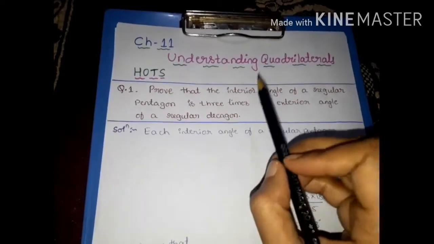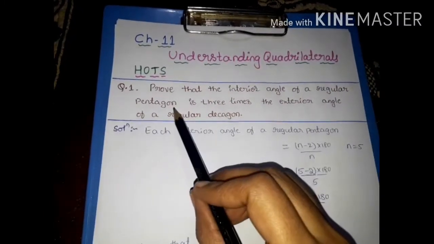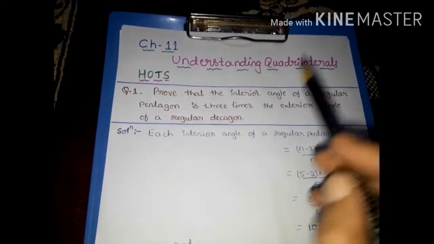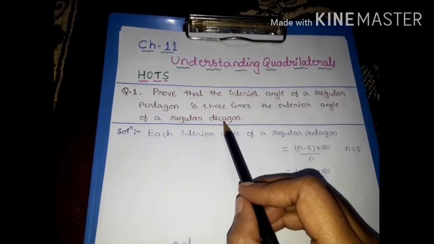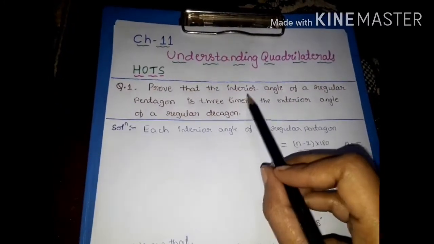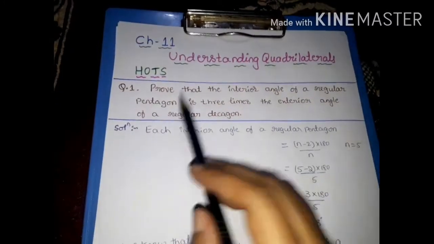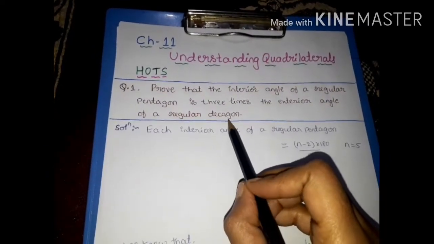First you have to find each interior angle of a pentagon and each exterior angle of a decagon. Then you have to correlate them.